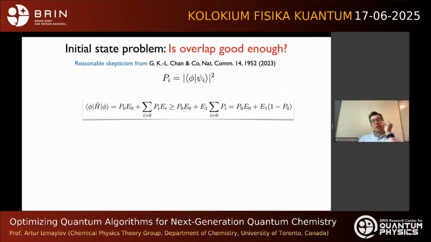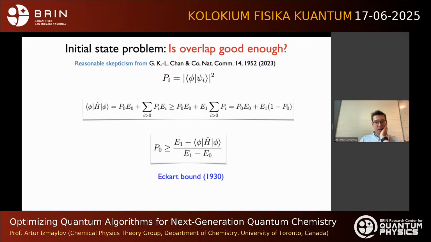And it turns out that there is a work by Eckart, 1930, more than a century ago, and it's really an undergraduate exercise in the variational principle, that tells us that we could get a lower bound on the overlap with the ground state, P0.